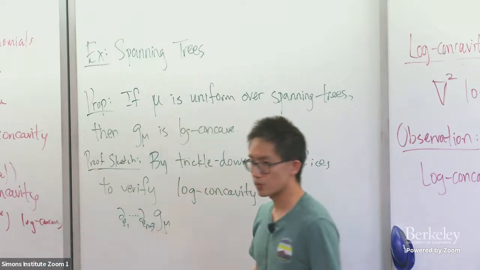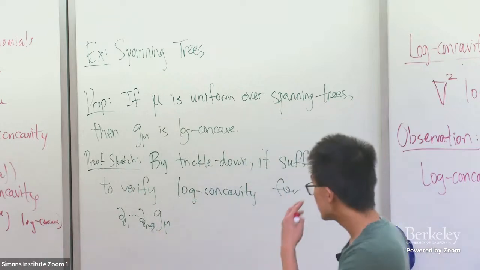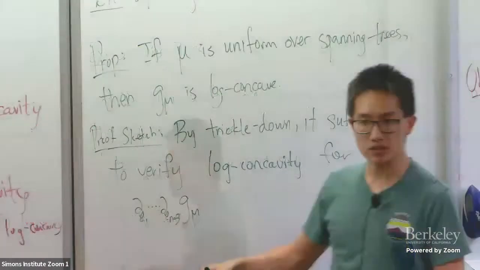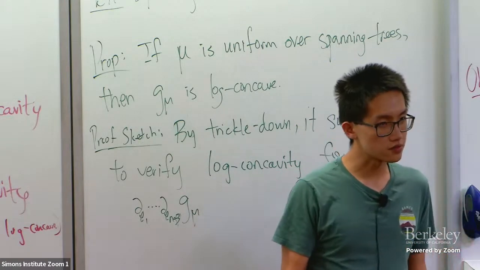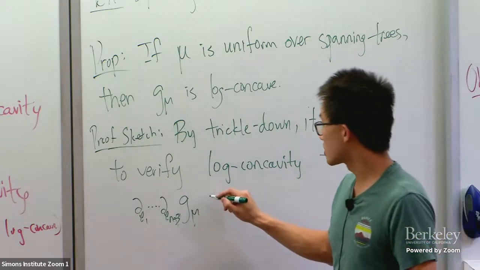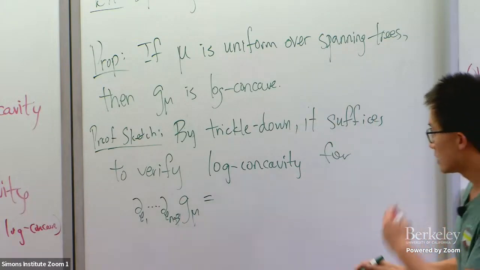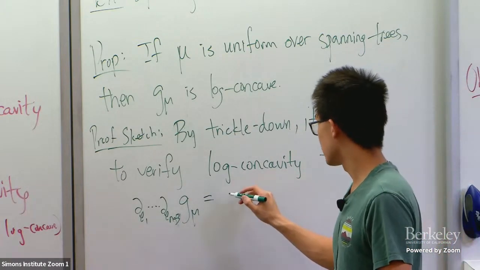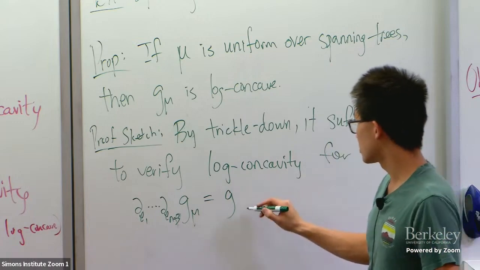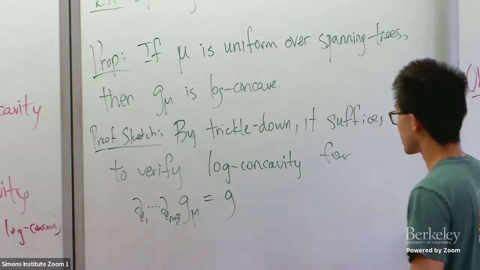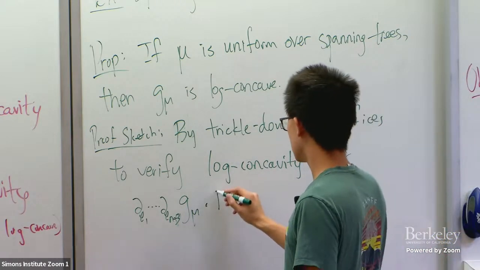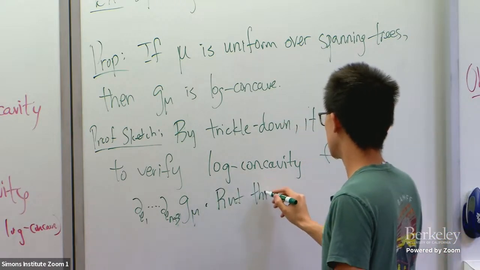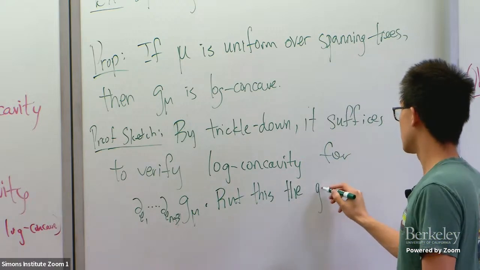In this case, the polynomial is homogeneous of degree n-1. I just differentiate n-3 times to get a quadratic polynomial. And I just want to show that all of them are log-concave. Okay. So this thing is really the same thing. This is G mu of, okay, this is really the generating polynomial.